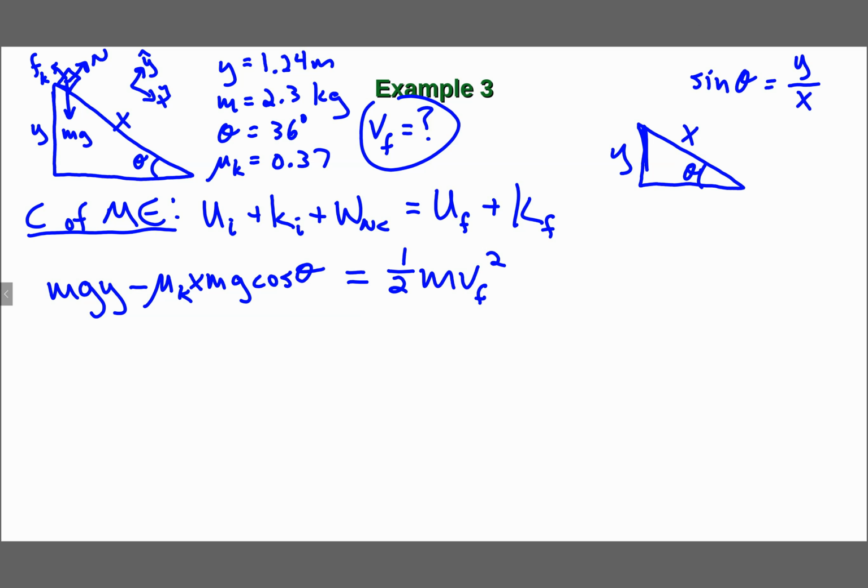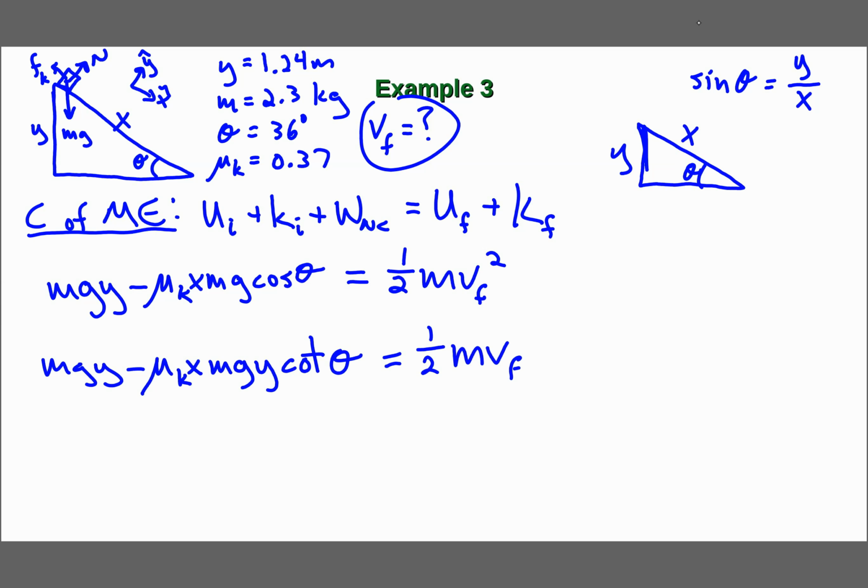So this x is equal to y over sine theta. So we have mgy minus mu sub k mgy, and then over sine theta, and we have a cos theta, so cos over sine is cotangent theta, equals 1/2 m vf squared.